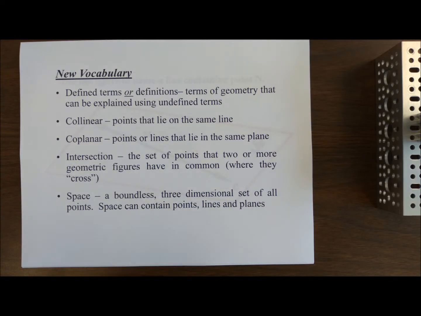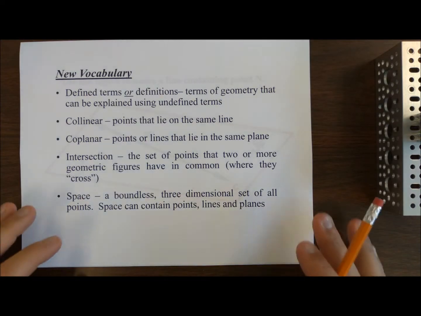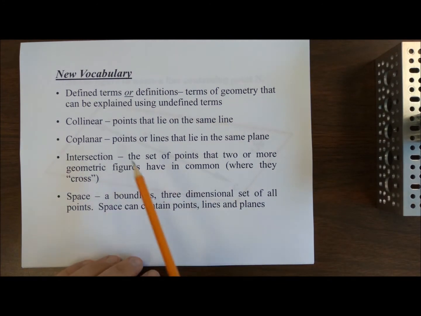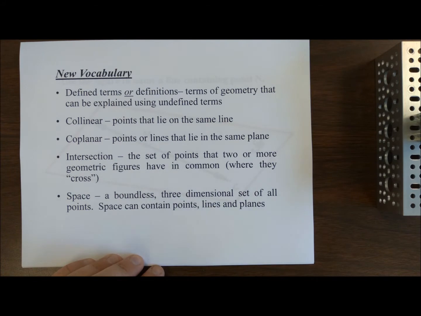Okay, those were our undefined terms. Now, we can use our undefined terms to create defined terms. Our defined terms, sometimes called our definitions in geometry, are our terms of geometry that we explain using the undefined terms point, line, and plane.